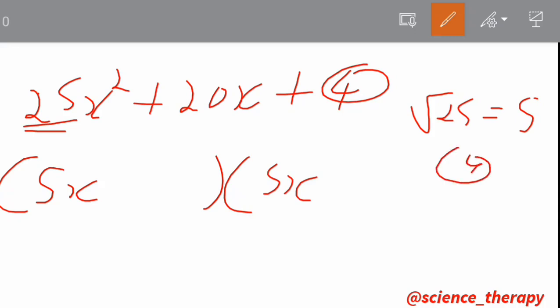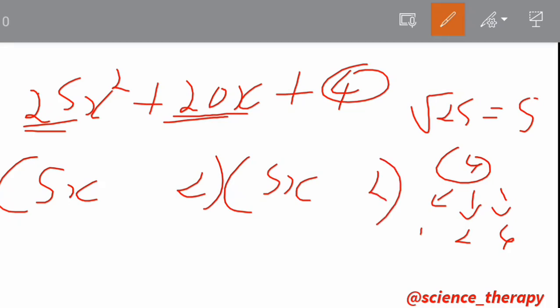Now what are the factors of 4? For 4 we have 1, 2, and 4. Now what are two factors of 4 that will give you 4 when you multiply them? So that can either be 4 times 1 or 2 times 2. But now remember, you also need to have this 20x from that.